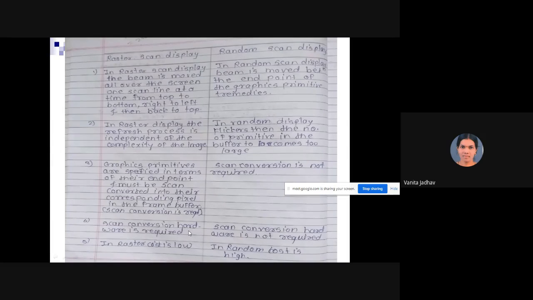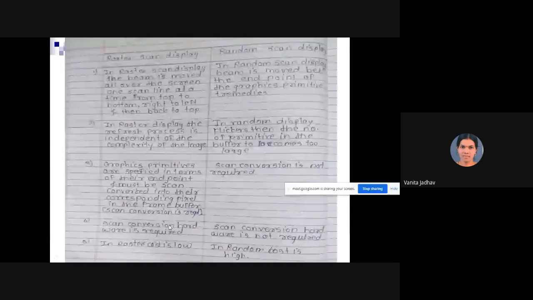You will understand what kind of hardware when you do the programs practically. As scan conversion is required, hardware is required, and in random, scan conversion is not required, so hardware is not required.